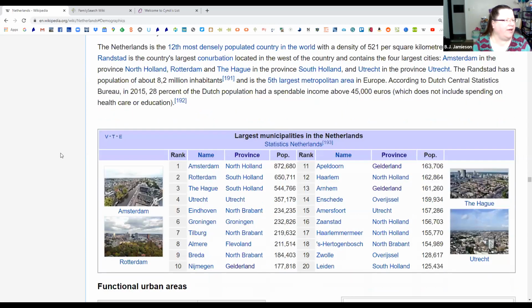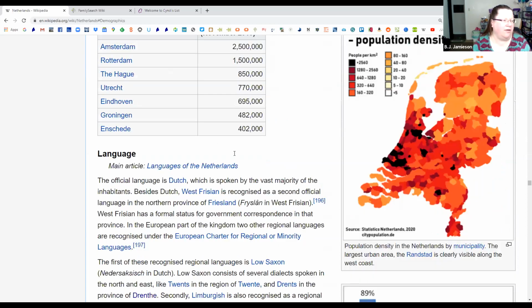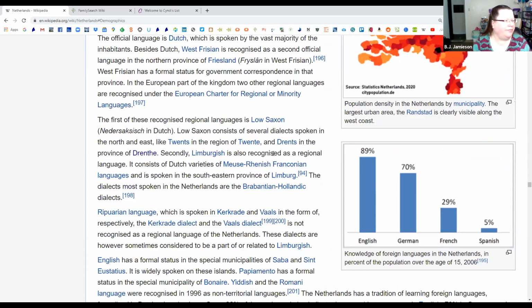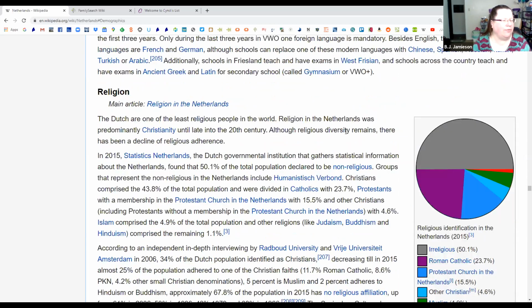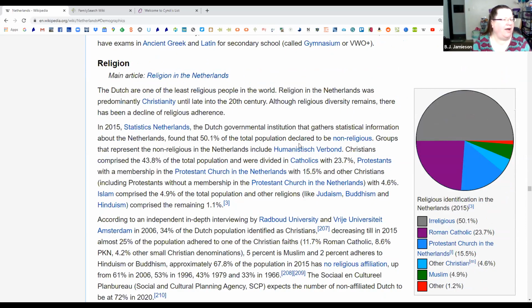And you want to scroll down and look for, again, here's a bit on the language, more on the religion. This is where you may find details for the historic religion, rather than just the current.